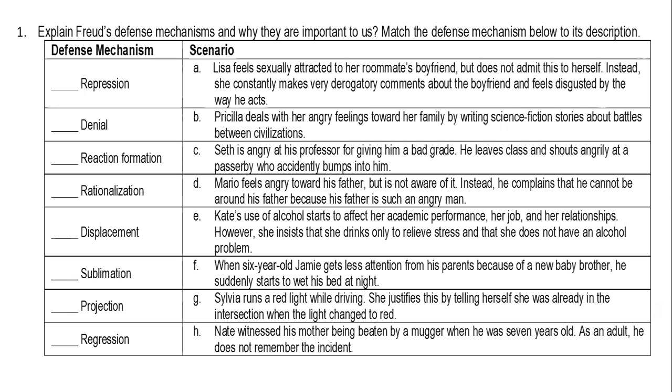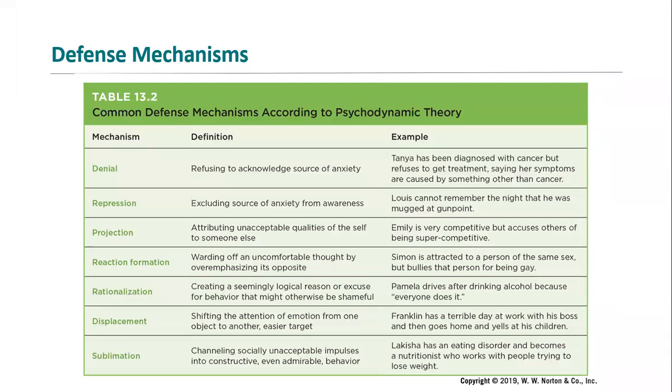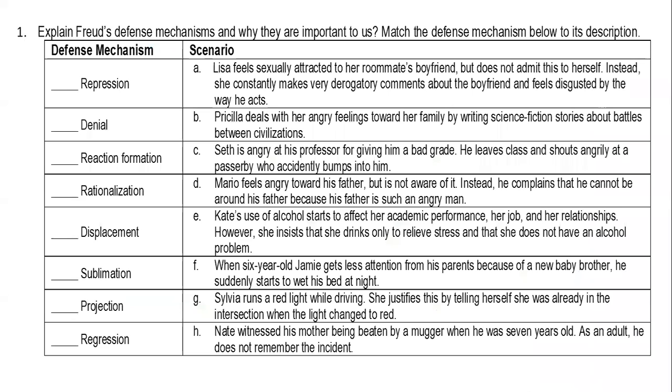No, not projection. Sublimation. If we look at the definition of sublimation, it's channeling socially unacceptable impulses into constructive and admirable behavior. So taking those angry feelings and putting them into something creative.